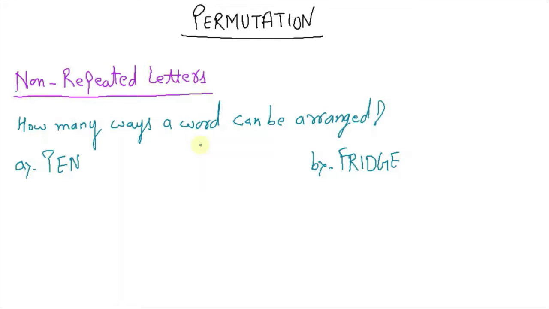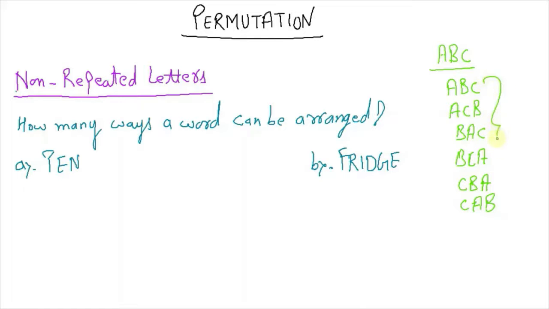Before going into the question, let me remind you of the example of ABC that we discussed earlier. In how many ways can ABC be arranged? First is ABC, then ACB, then BAC, then BCA, then CBA, then CAB.